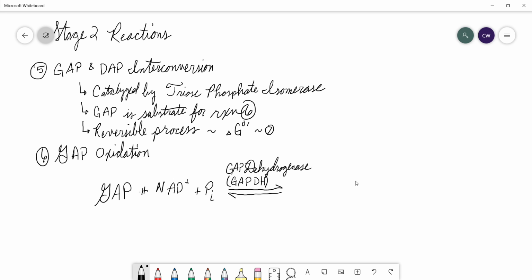And the product we get out of this is very similar to what we started out with when we were starting to convert glucose. Okay, we get a bisphosphate. Only this bisphosphate has a carbonyl.